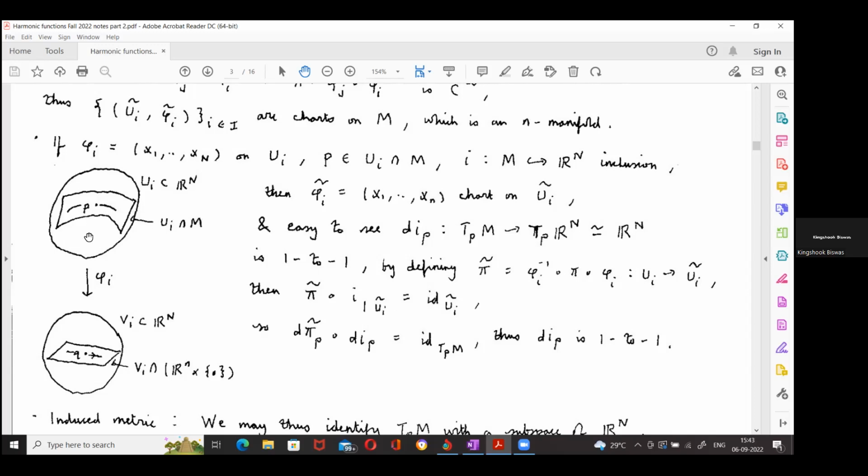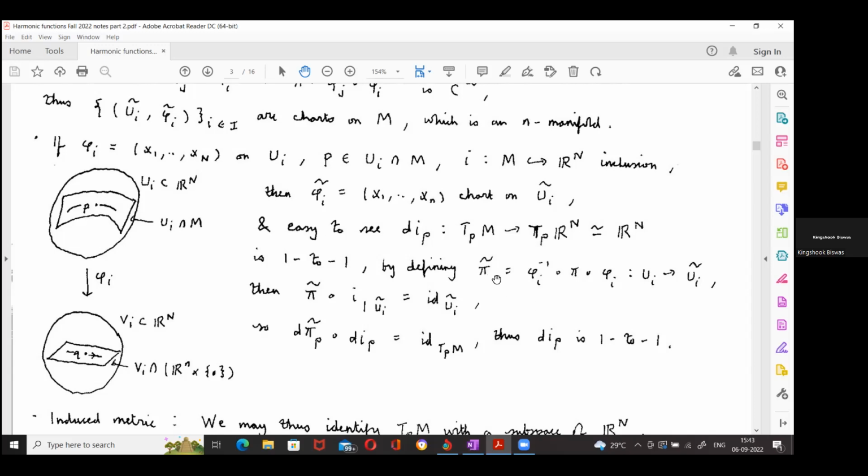So how do I define a retraction? Well, I have a retraction here, right? Onto this plane is just the usual projection, right? The projection pi. So I conjugate the projection pi here by this diffeomorphism phi I. That will give me a retraction from this ball to this ui intersect M, right?